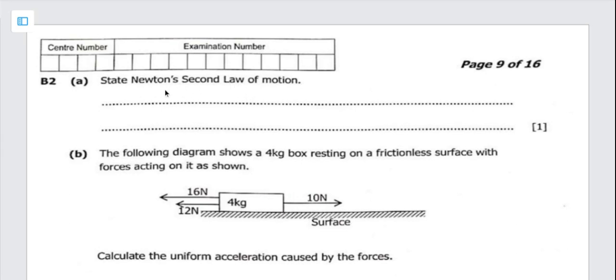For Newton's second law of motion, it focuses on force being equal to mass multiplied by acceleration. This means an object is going to accelerate in the direction of the force, and this happens when there are unbalanced forces. Let's say, for example, we have an object like this one, with a force acting on this side and a force acting on this side.